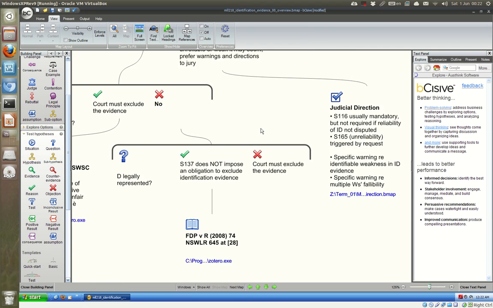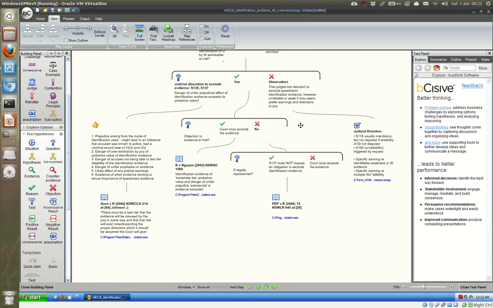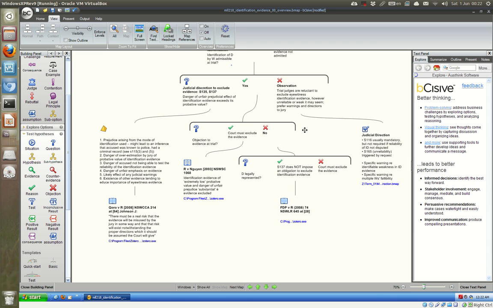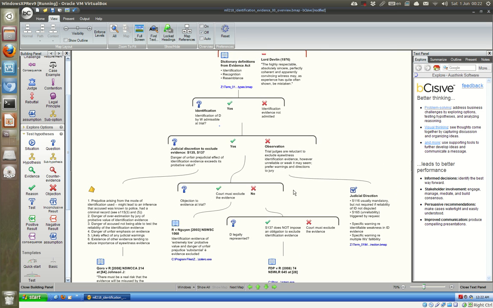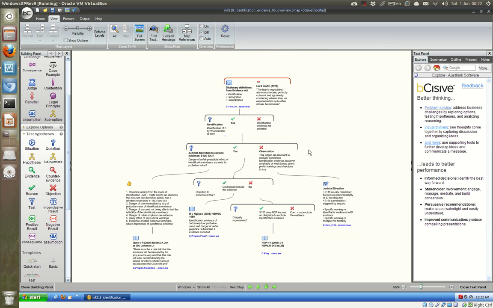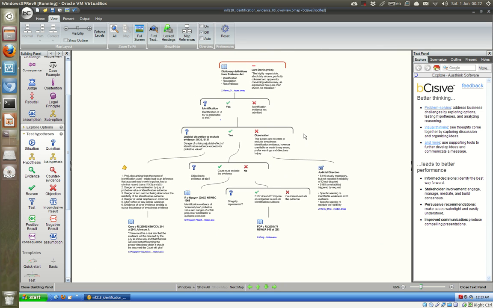So that's judicial direction, and that's pretty much all there is to identification evidence. So I hope this presentation has helped you, the viewer, understand this topic a bit better.